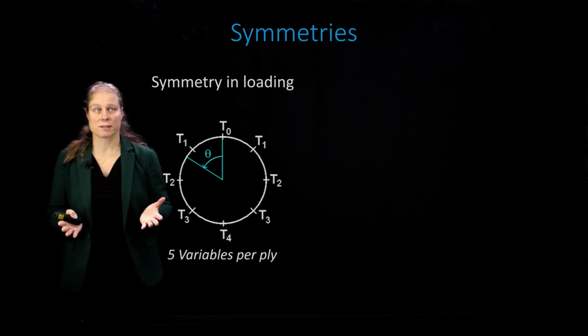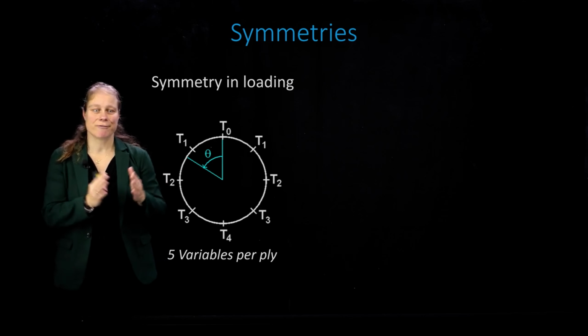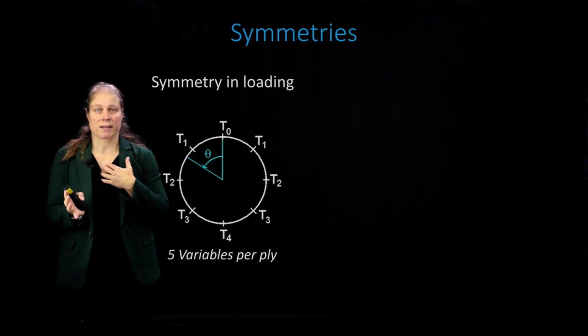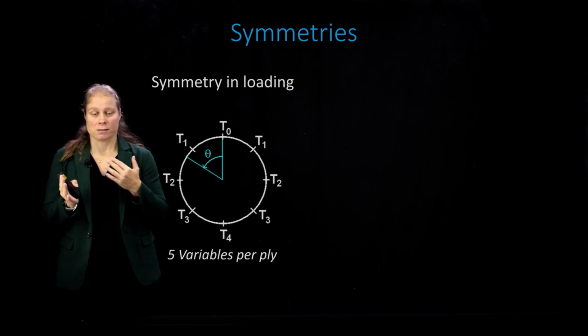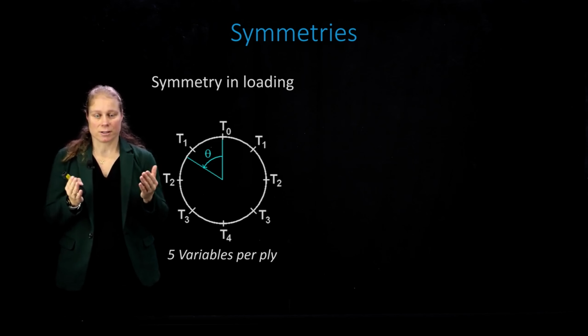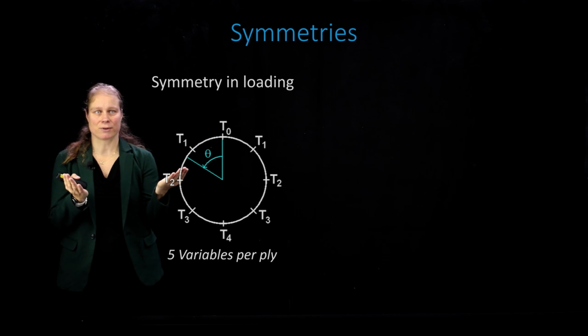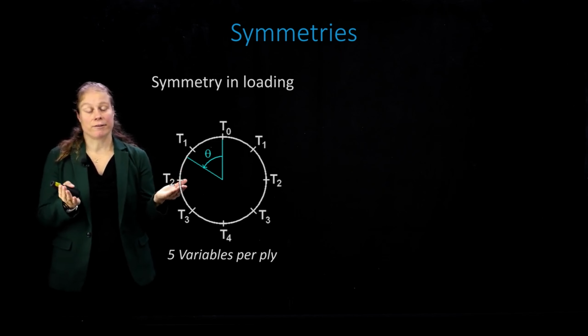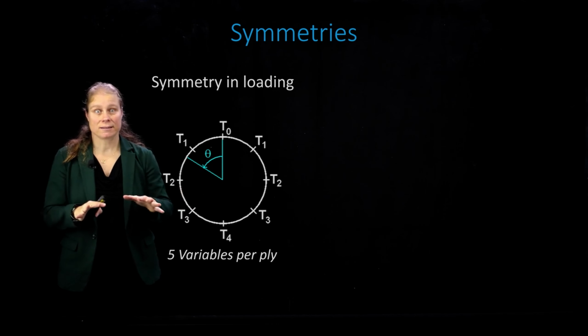So when you run an optimization and you would define the left and the right independent of each other, what I would expect the optimizer to come up with is structurally the same behavior on the left as on the right. But why would you let the optimizer try to figure that out if you already know that as the engineer?